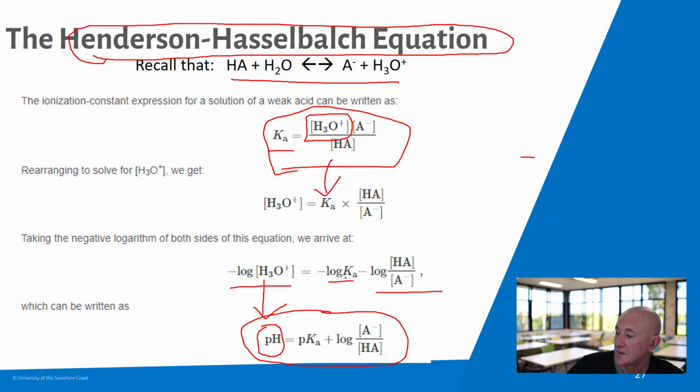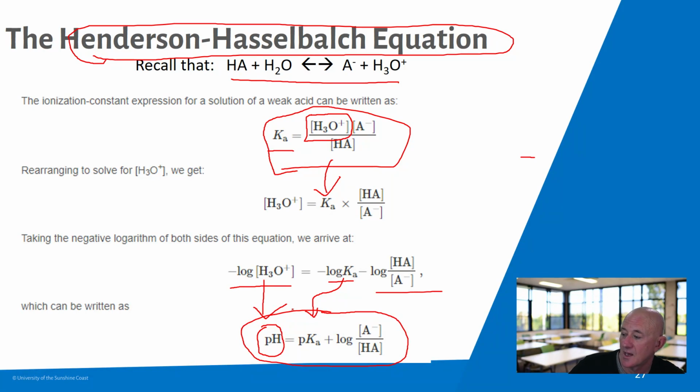The negative log to base 10 of the Ka is obviously the pKa, and you're left with this value here. Can you see that this was a minus and now it's a plus? The reason for this is these terms are being flipped upside down. So you end up with this equation here, the Henderson-Hasselbalch equation.